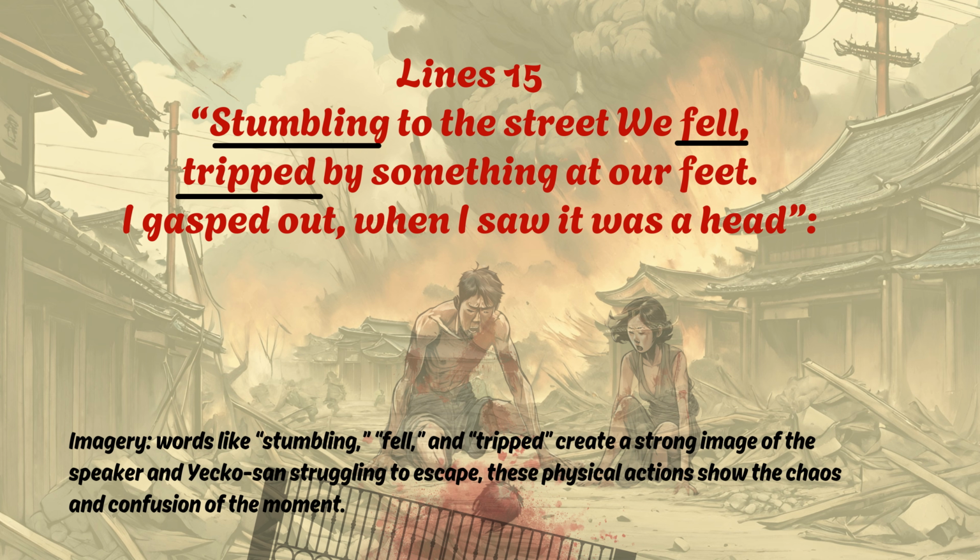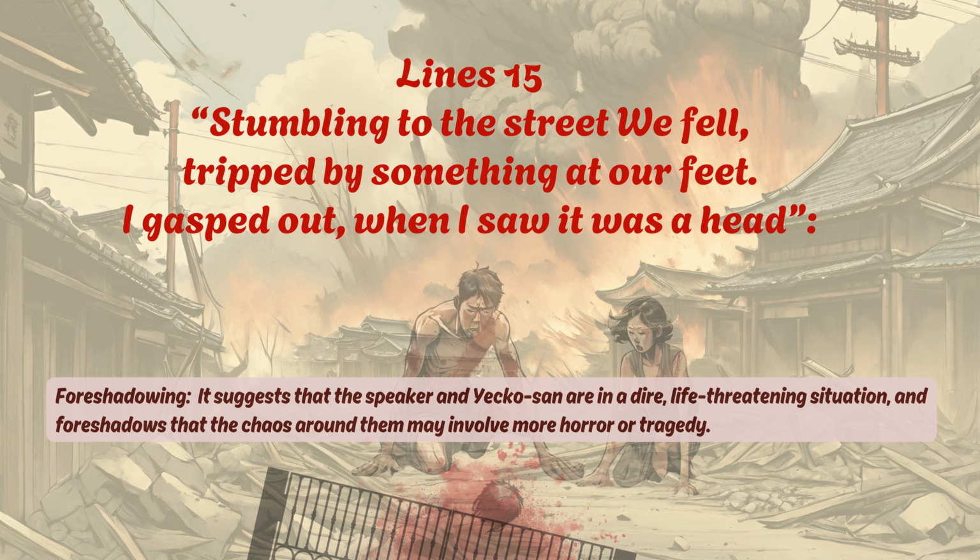In the next line, the word head adds a chilling image suggesting a severed head, which shocks the reader and heightens the tension. Now, the discovery of the head hints at the brutality or violence that has occurred.